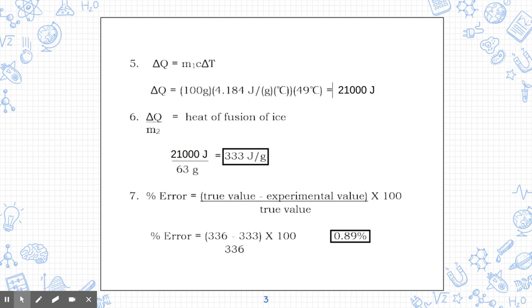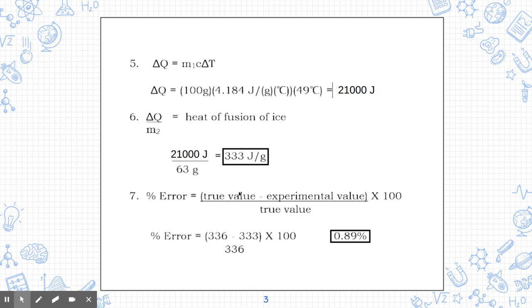In number 7, it says the true value for the heat of fusion of ice is 336 joules per gram. So take what you calculated in number 6. That's going to be your experimental value that you plug in right here. The true value they told you in the lab was 336, so you plug that in there, minus your experimental value, what you calculated in number 6.